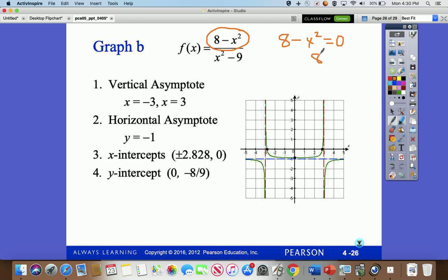So that would be 8 equals x squared. And then you would take the square root. So that'd be plus or minus the square root of 8, which reduces to 2 square root of 2. And that's how you get two different x-intercepts. When you type this in the calculator, the decimal is going to be plus or minus 2.828.